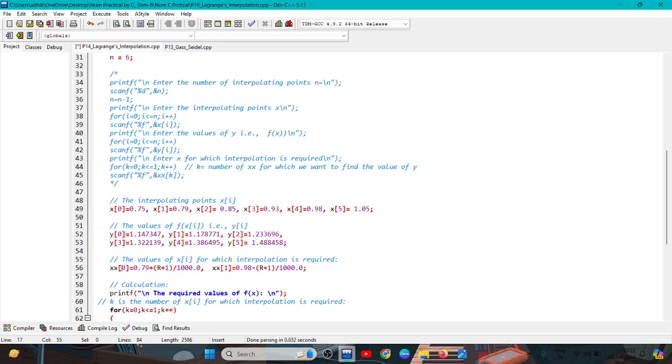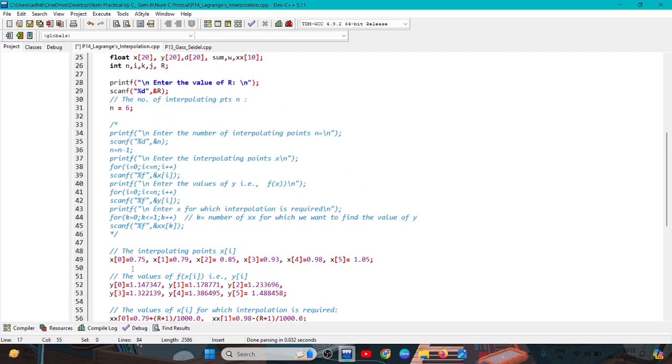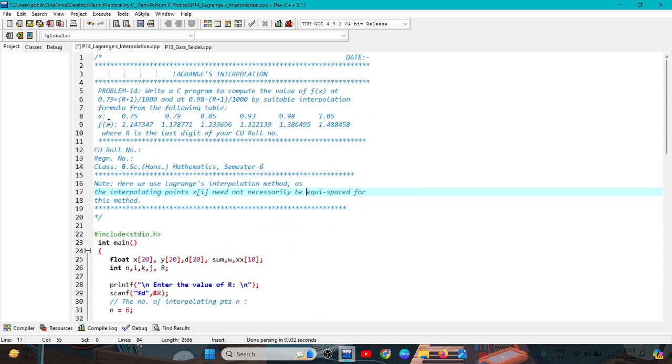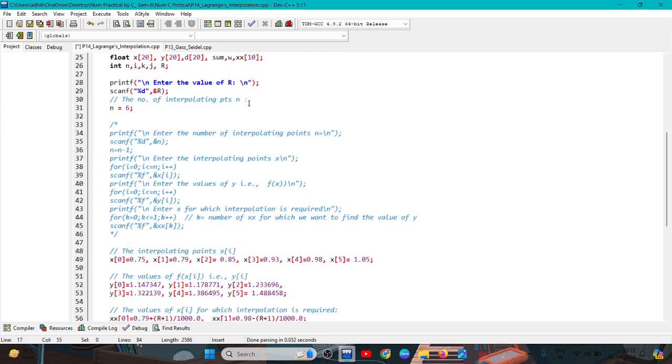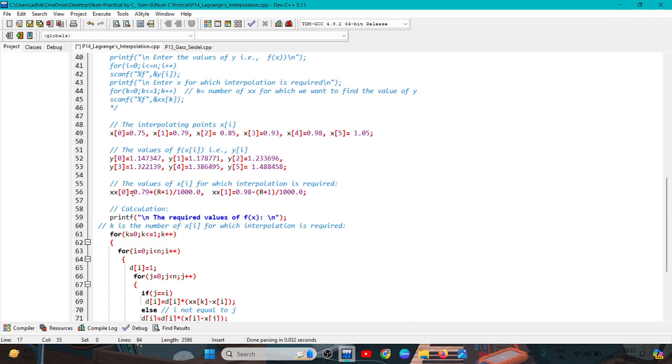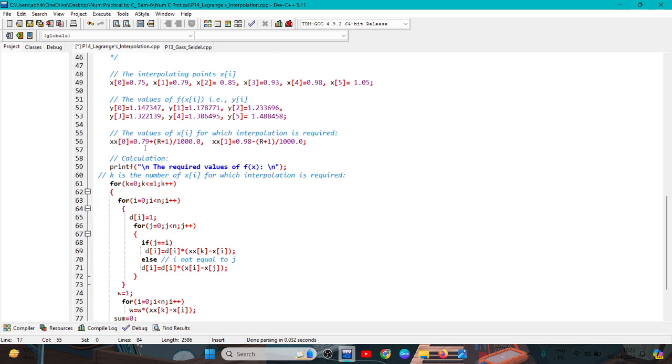To distinguish from x, we write xx0. These are 0.79 plus (r+1)/1000 and 0.98 minus (r+1)/1000. I call them xx0 and xx1. Now the calculation is this. k is the number of points for which interpolation is required.